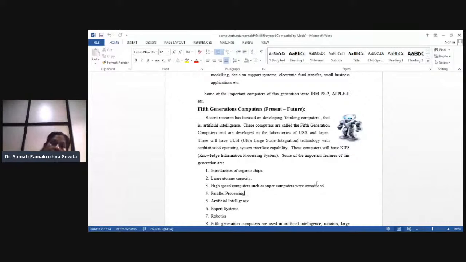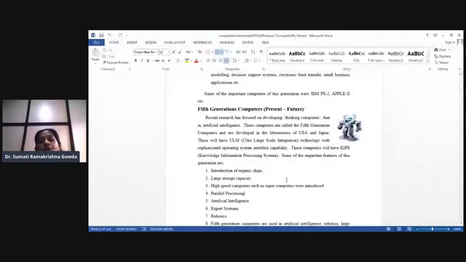So they are still designing thinking computers, which should see, think and give the output. Earlier, if you gave wrong input to the computer, it would give wrong output. Here even if you give something wrong, it should be able to say that it is wrong.